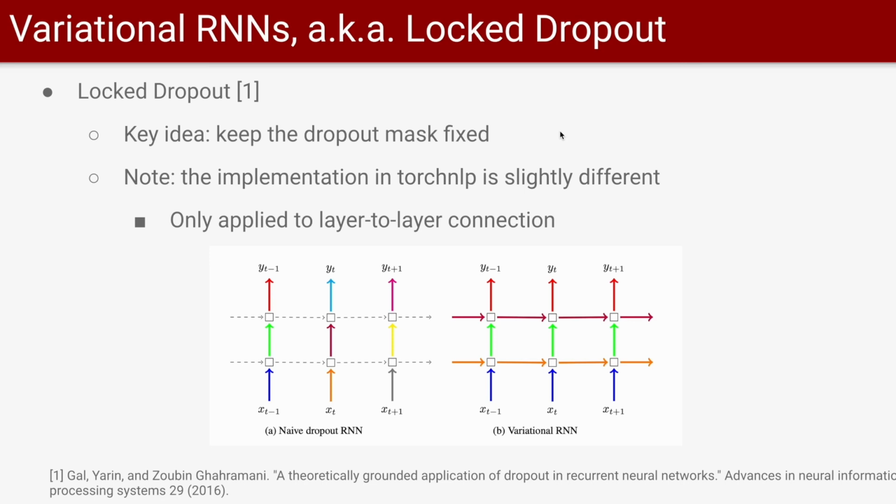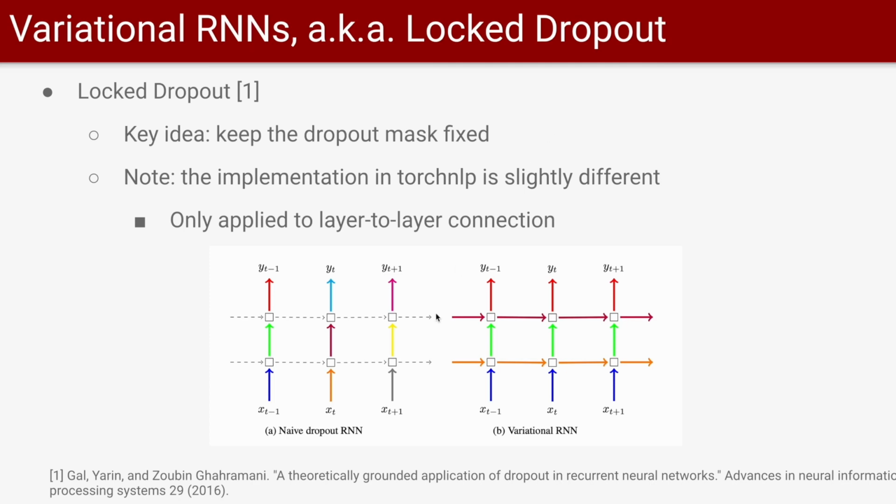This brings us to the discussion about variational RNNs or locked dropout, as we will probably use in homework 3 or 4. The key idea, motivated by the problem described before, is to keep the dropout mask fixed, which means we use the same dropout mask in different time steps.